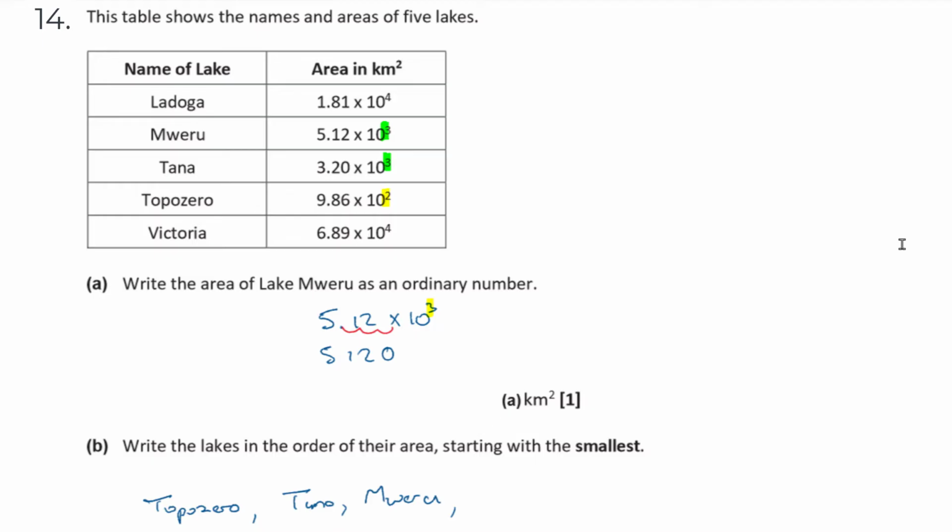Okay, and then I've got two lakes whose areas are of magnitude 10 to the 4, which is in tens of thousands of square kilometers, isn't it? So out of Ladoga and Victoria, you can see Ladoga's got 1.81 and Victoria's got 6.89. So Ladoga is the smaller of the two and Victoria is the largest. Ladoga next, and then Victoria.